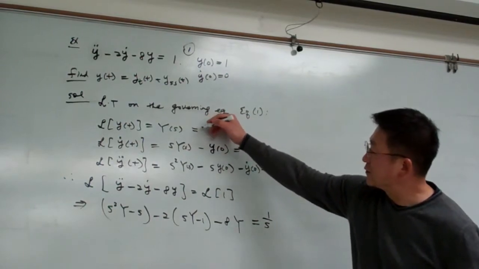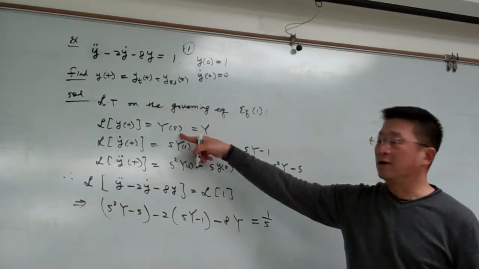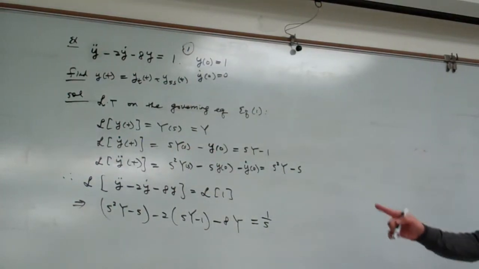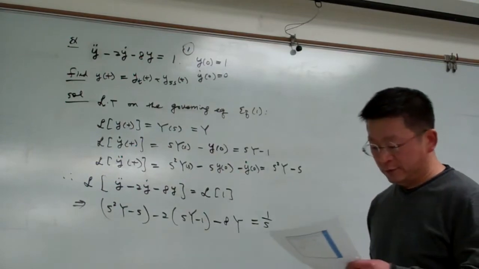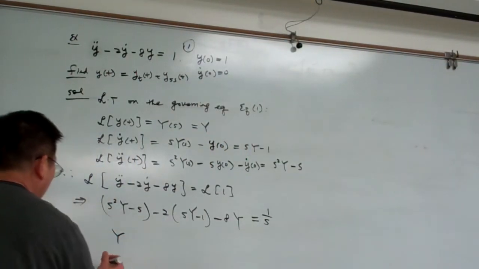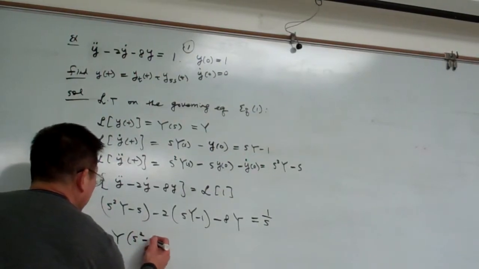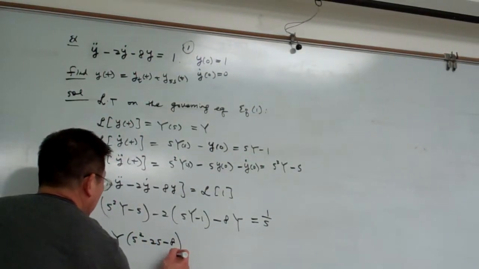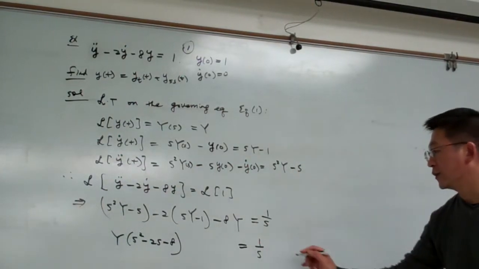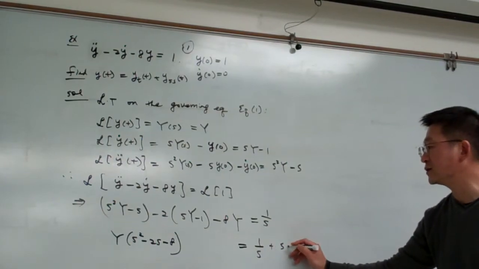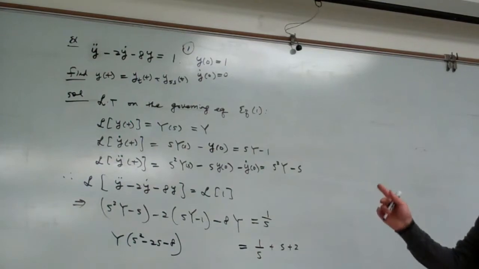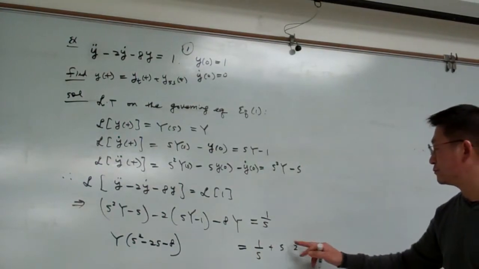Good. Here, sometimes to save writing, I simply drop the (s), just for quick writing. So in this way, I collect the Y terms on one side and other things on the other side. Y times (s squared minus 2s minus 8) will be equal to s plus 1 over s, plus 2, minus 2.